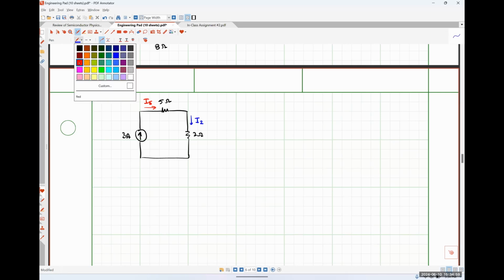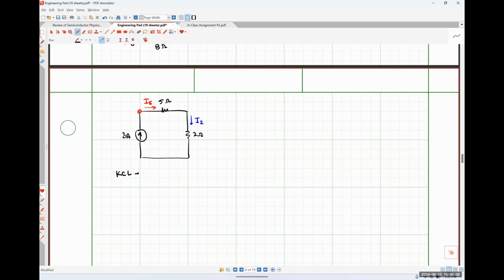So if I apply KCL at my red node, I can see that I have 3 amps flowing in and I5 flowing out, and using the KCL, sum of the currents flowing in is equal to sum of currents flowing out. I can see very easily that I5 is just 3 amps.